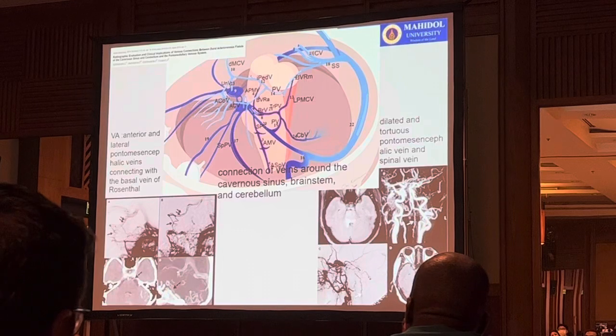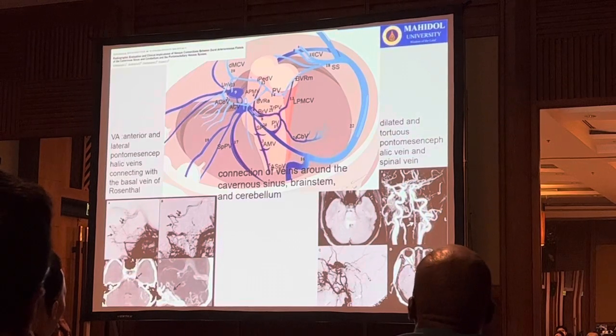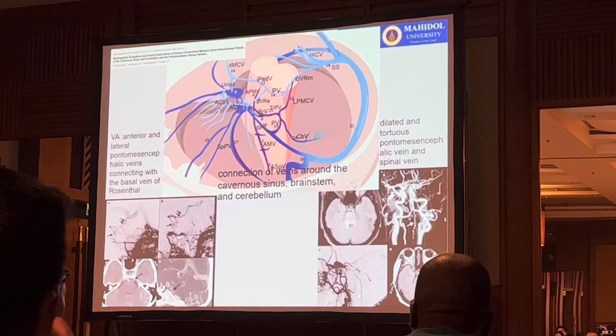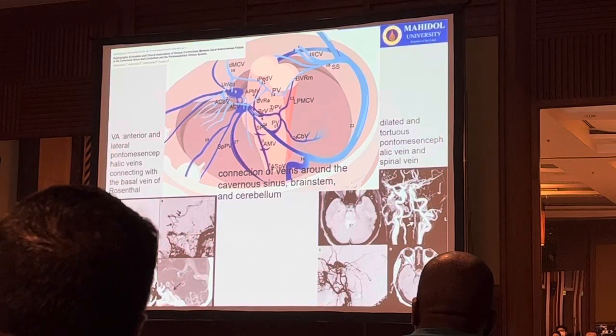That means you need to go back and study the possibility of venous drainage between the carotid-cavernous region and the mesencephalic veins of the region, and you can even relate the drainage down to the spinal veins, and there is a lot of possibility to relate it through the anterior lateral perimesencephalic veins.